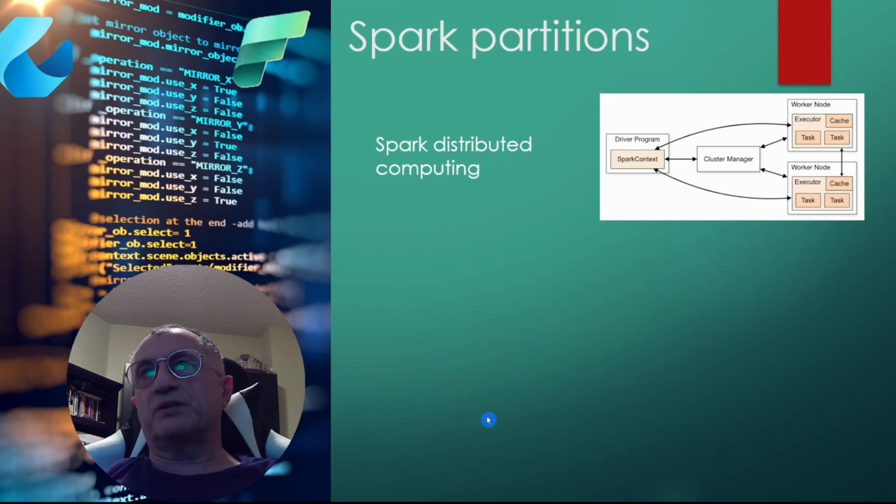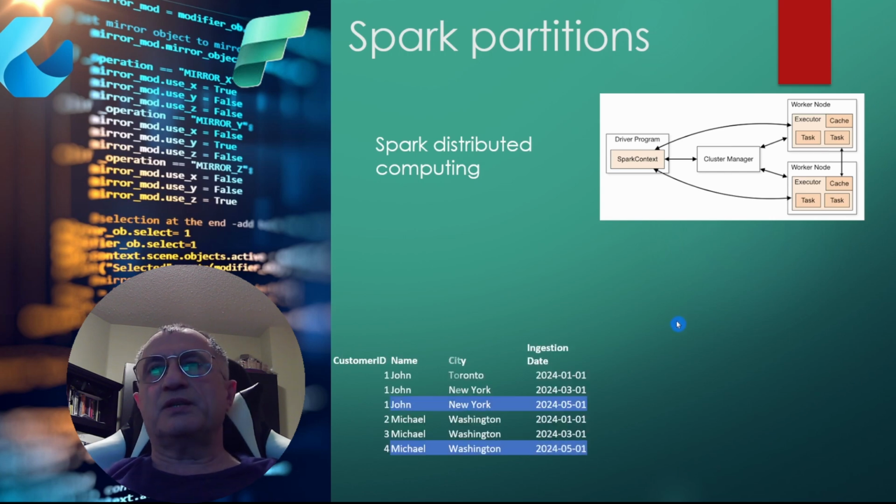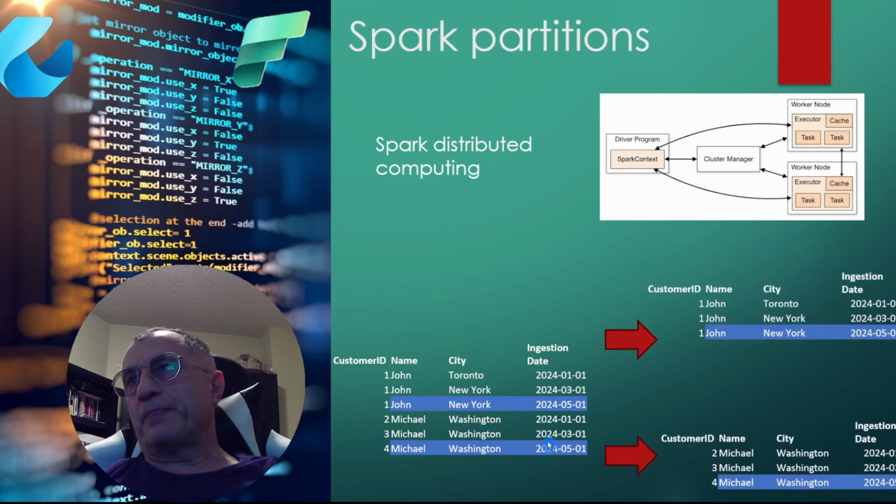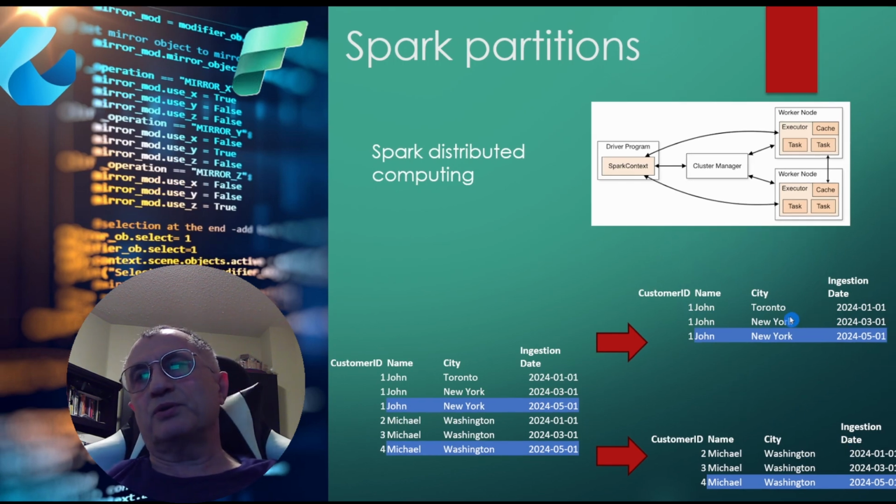In terms of data implications, data is also distributed between nodes. For example, if you have this data set in a two-node cluster, your data will be distributed in half. One part will go to one node, and the rest will be taken care of by another node. Why is this important?